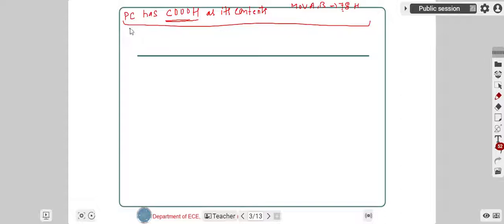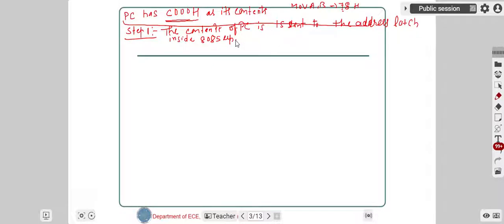In step number 1 of the execution of this instruction from this memory location, the contents of the program counter, that is C000H, are sent to the address latch inside the 8085 microprocessor.